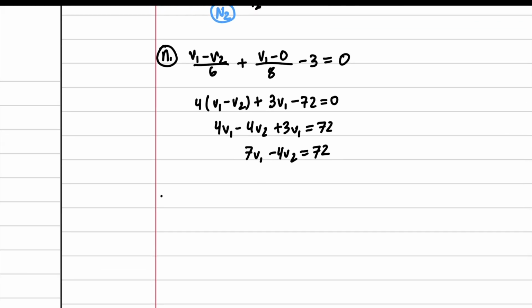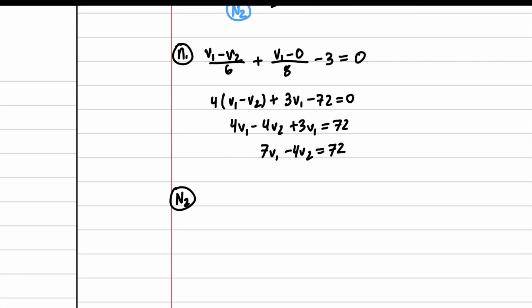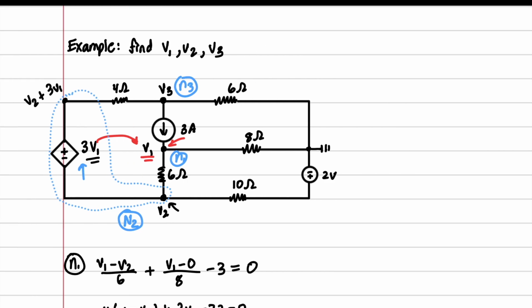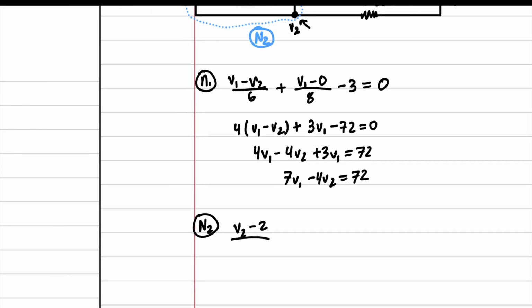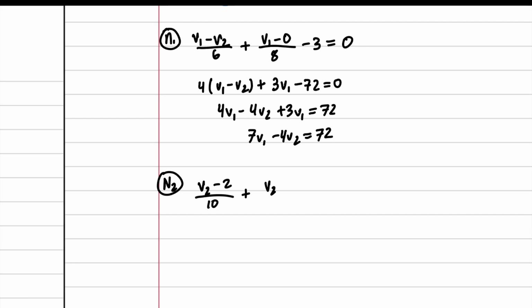Let's go ahead and solve for this supernode. So we're going to go ahead and look at this portion first. So we have V2 minus 2 to that battery right here over 10 plus V2 minus V1 over 6.